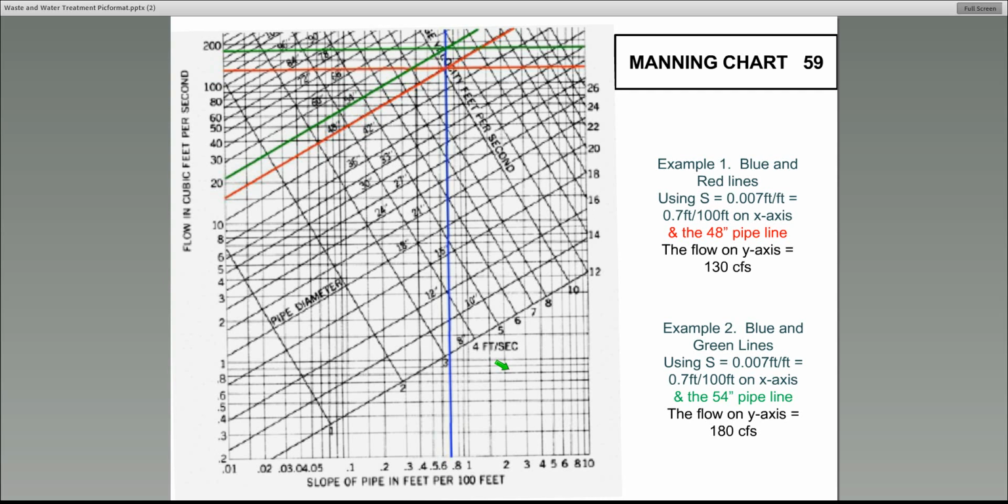So you go down to the x-axis, 0.7, go straight up, and go to this red line, which is a 48-inch pipeline. So you take the slope up to the 48-inch pipeline, go straight across, and you can see it comes out to be about 130 cubic feet per second. So that's the same as what we got in the formula.